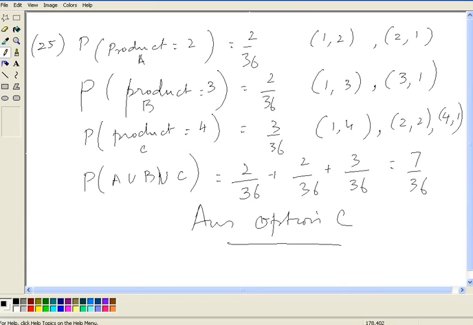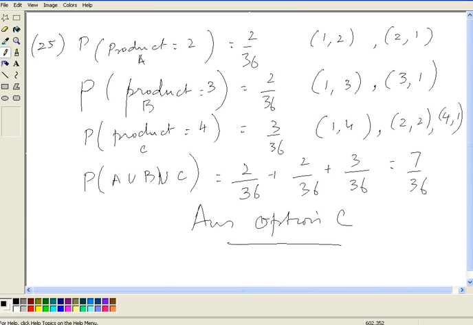So the probability of the occurrence of the product being either 2 or 3 or 4 is, since the events are all mutually exclusive and part of an exhaustive set, the intersection aspect doesn't come, so we have to straight away add the probabilities.